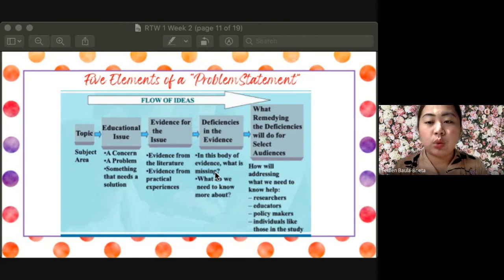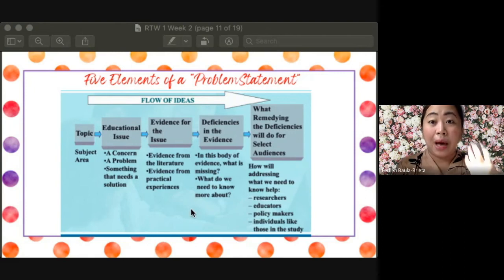That is why you need to do review of related literature, because from the general problem, you need to know what has been done, and you need to know what is missing, so that those missing things you will be able to contribute, and you would know that the things that you are doing will help the body of knowledge that is established already in the research world.